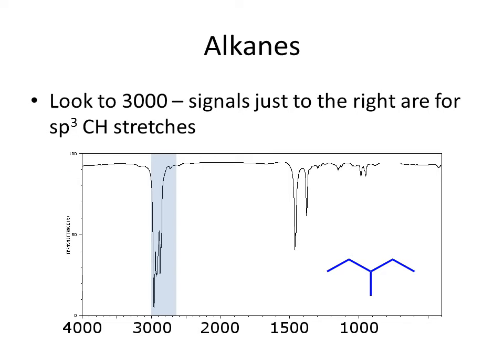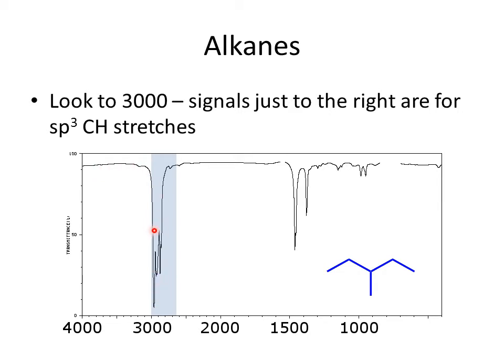Essentially, if I have a sample of my, in this case, my compound is 3-methylpentane, if I shine infrared light through it, at this frequency, the light does not interact with the molecule, and so all of the light goes straight through. That is, my percent transmittance is very high. Almost all of the light goes through.